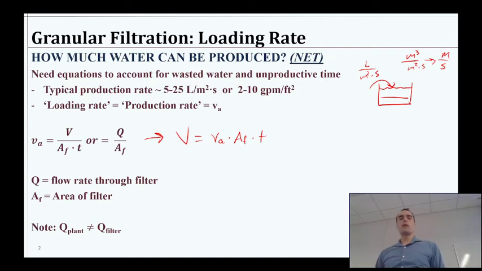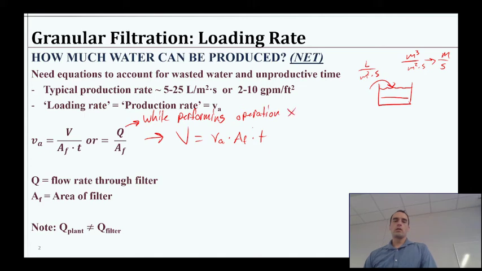So what I'm describing here is the flow through the filter while producing water or while backwashing, whichever volume we need. So this one is for while performing operation X, if I put a little X down here.